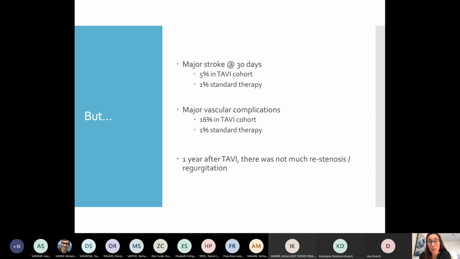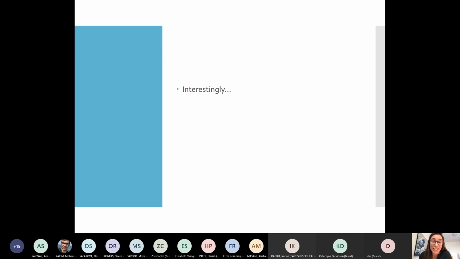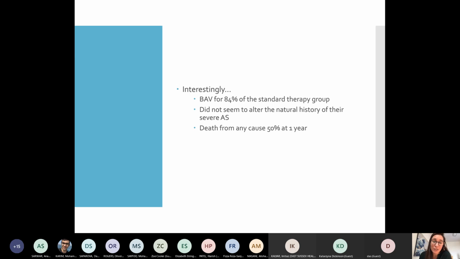Well, they looked just 1 year after the procedure, and the TAVI valve seemed to be performing pretty well. And interestingly, quite a lot of the standard therapy group, the non-TAVI group, had a balloon aortic valvuloplasty. And it didn't really seem to help when you compared that with just medical therapy. And there was still quite a bit of death at 1 year despite that.